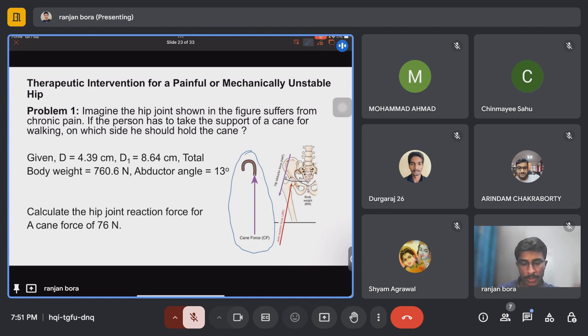According to you, on which side should he hold the cane such that he feels comfortable while walking? On the side in which there is a problem, or on the opposite side?